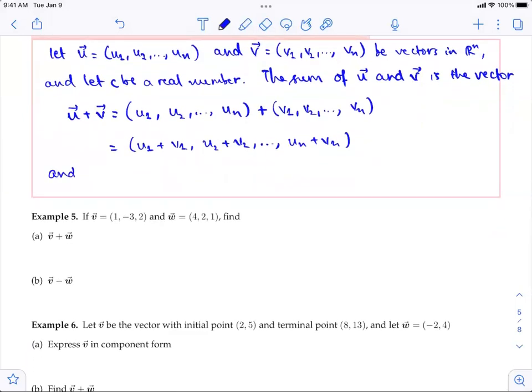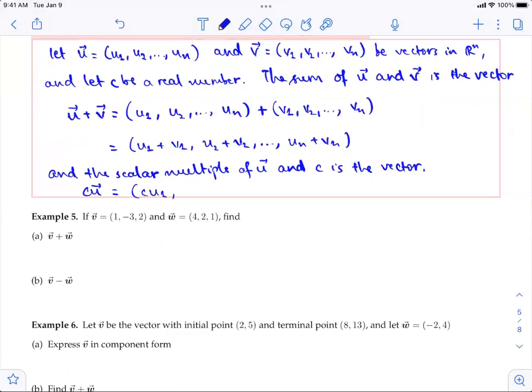The scalar multiple of u by c is a vector. What you do is you just multiply c with each component of the vector u. So c times u is equal to c u1, c u2, up to c un. So that's scalar multiplication of a vector u.